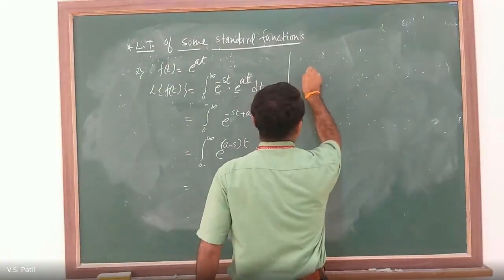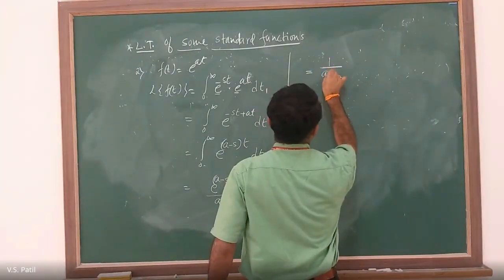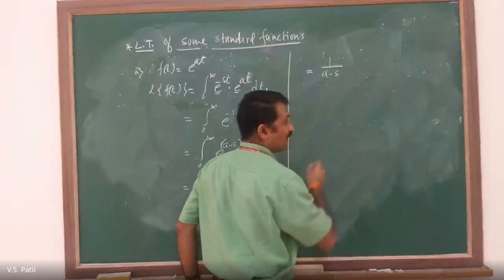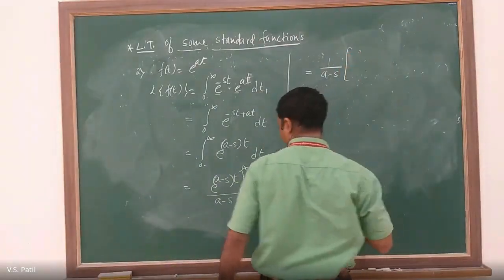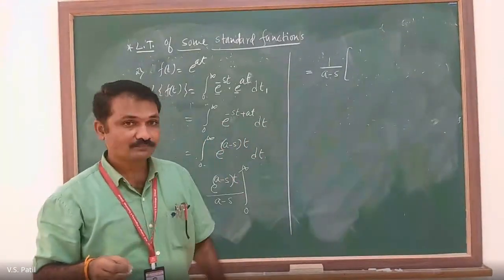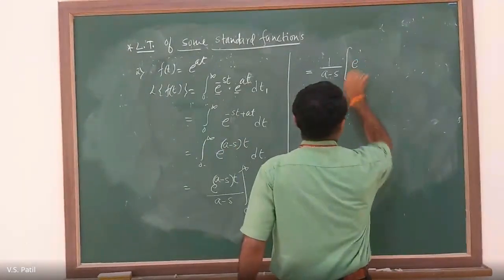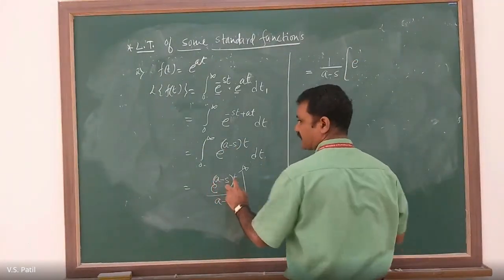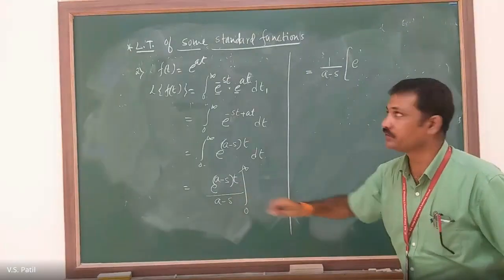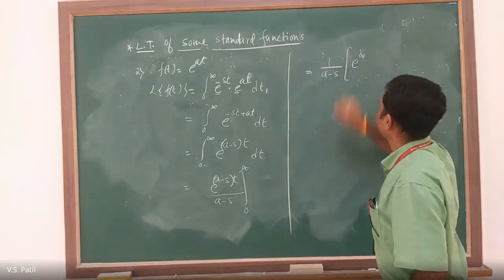Then therefore, this is 1 divided by (a minus s). I will take that out, then I start putting the values. What happens? e raised to (a minus s) into infinity becomes 0.